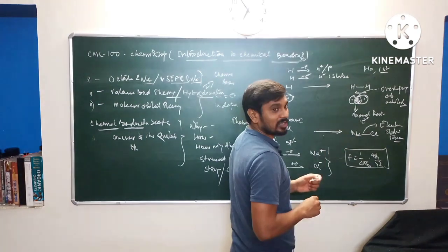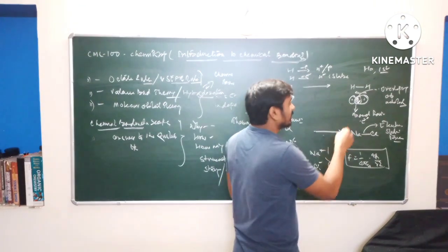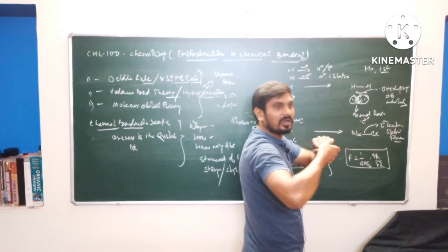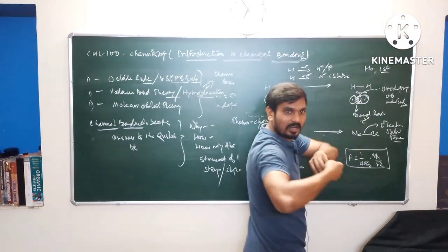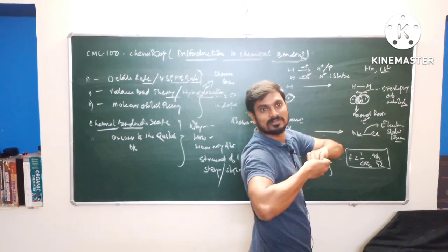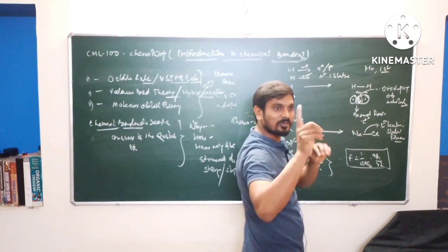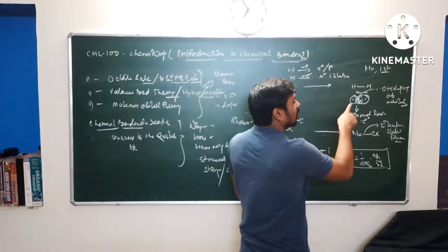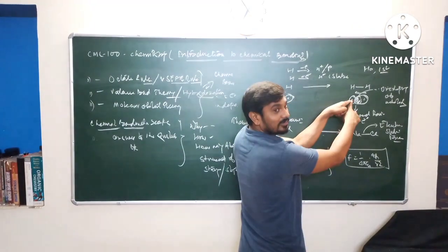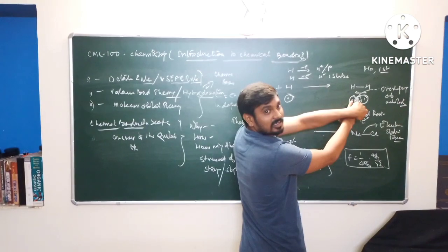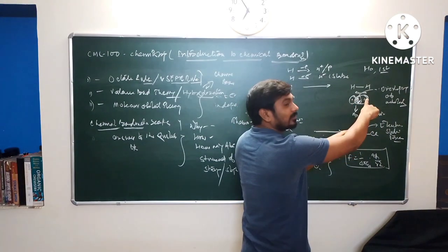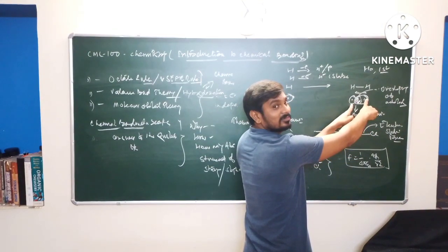I can just give you a magic here. Imagine these two electrons are repelled among themselves. These two nuclei are repelled among themselves. But think of one situation where the nucleus of the first atom attracts the electron of the second atom, and the nucleus of this atom attracts the electron of this atom.